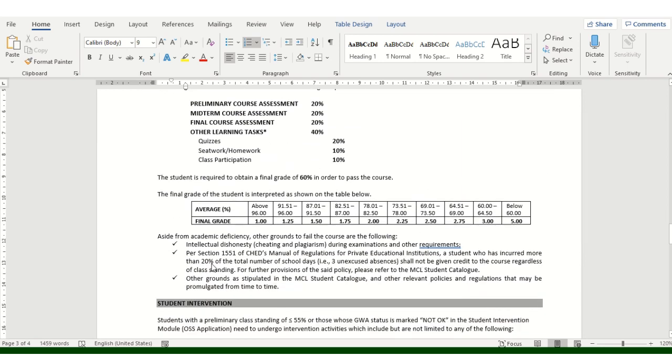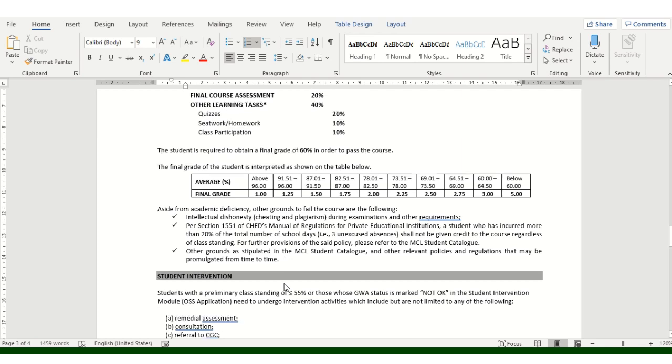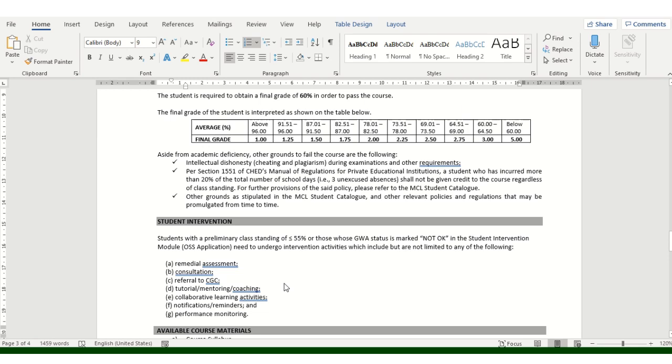The school policy will be applied, and I will be posting my schedule as well online in Blackboard, where you can see my vacant periods, so that we could collaborate on your concerns and issues that affect your class standing. I will be posting them in a couple of days.